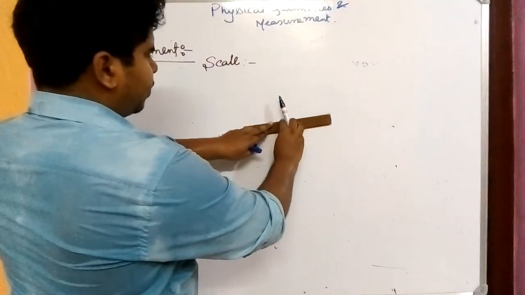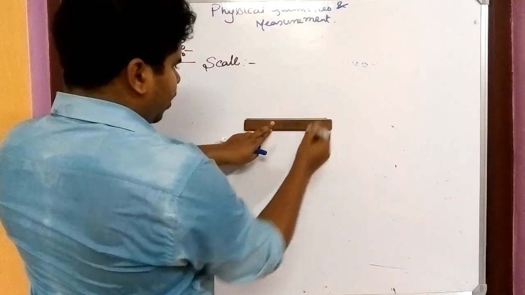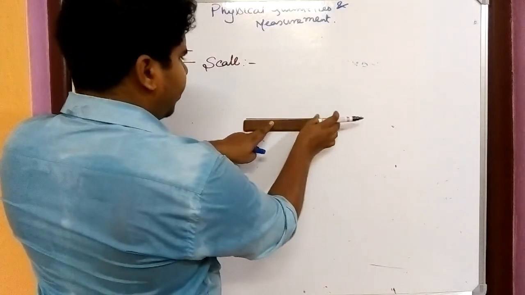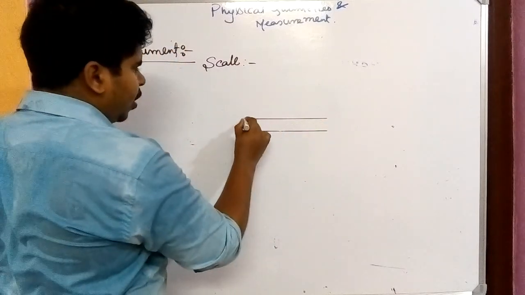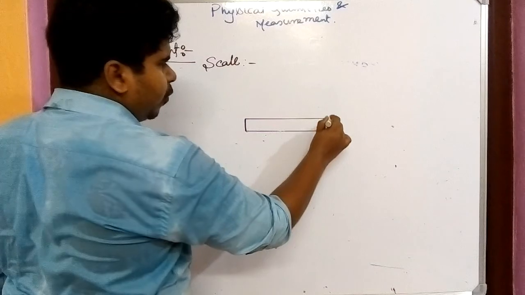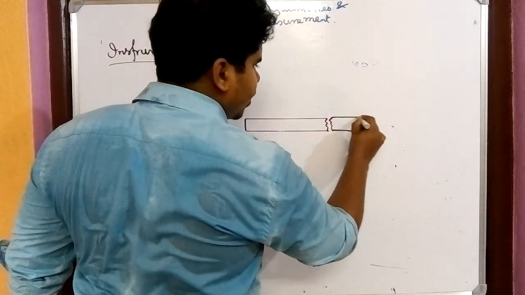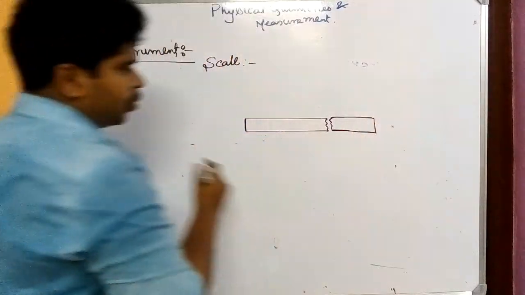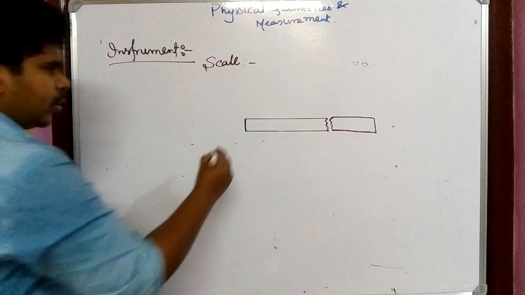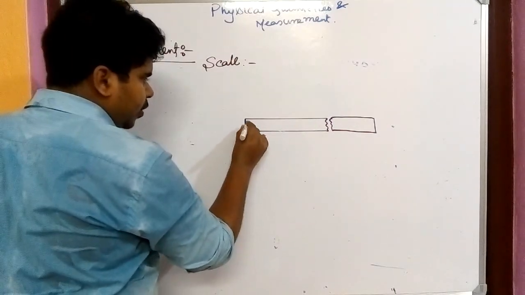So we just try to draw our scale. Generally, the scale we have seen, that is given for any geometrical measurement, is 15 centimeter. To draw a whole scale of 15 centimeter is a little difficult for us.